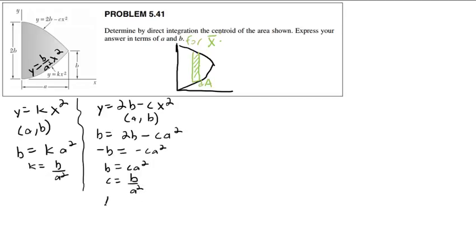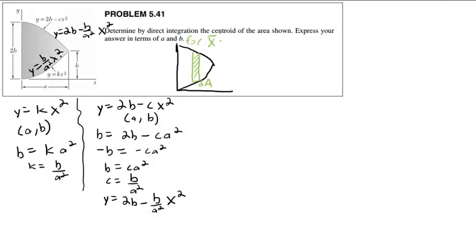So this equation now is y equals 2b minus b over a squared x squared. To me, this shows that this is a symmetric parabola, isn't it? We have a symmetric system now.